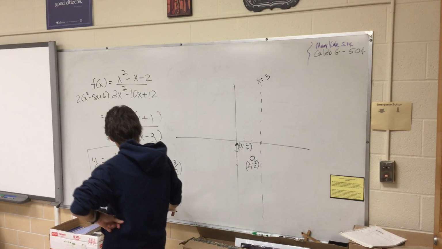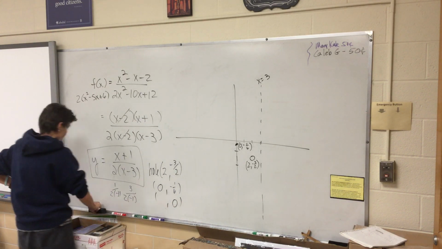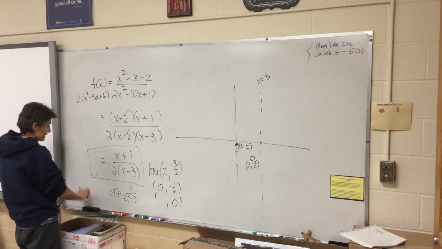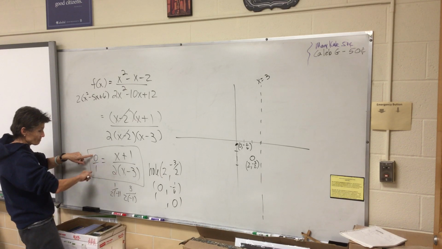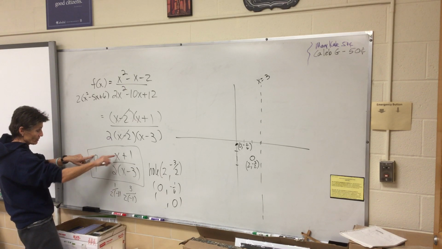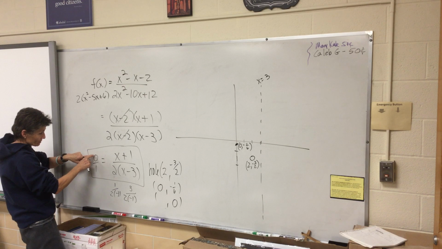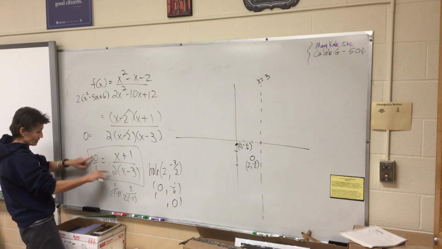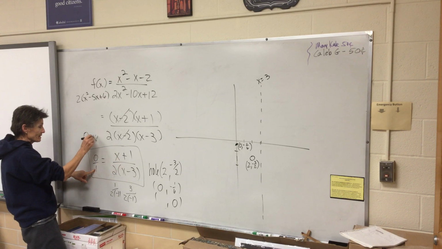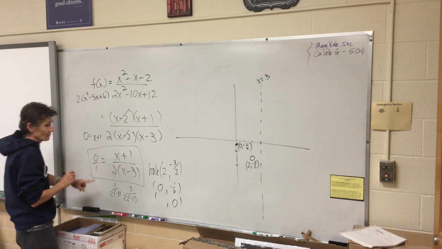Now, I'm going to let y be 0, and I like to think of that as 0 over 1, so that I can cross multiply here in my fraction. So 0 times anything is 0, and 1 times anything is itself.